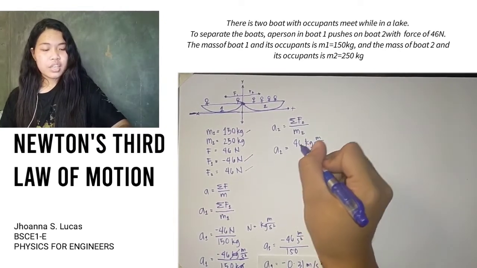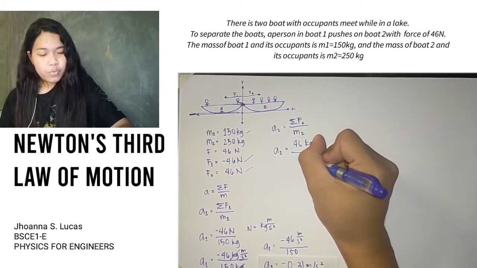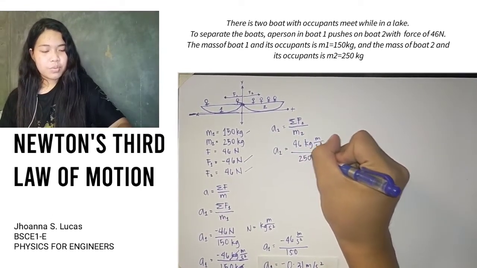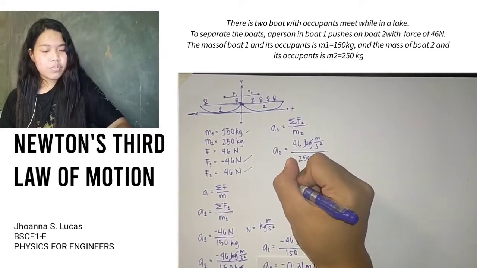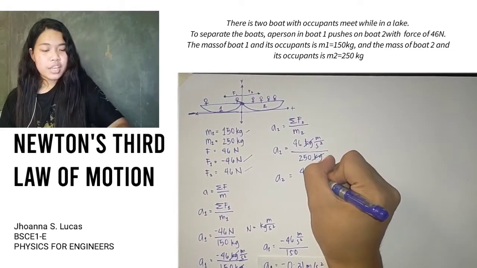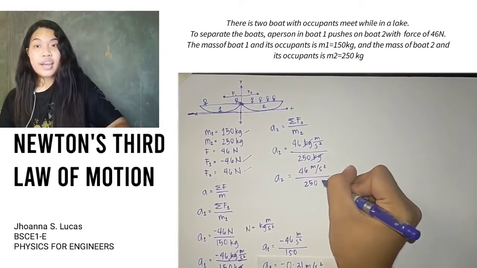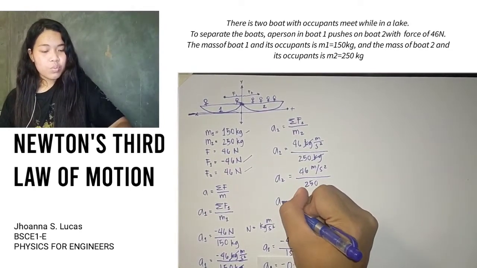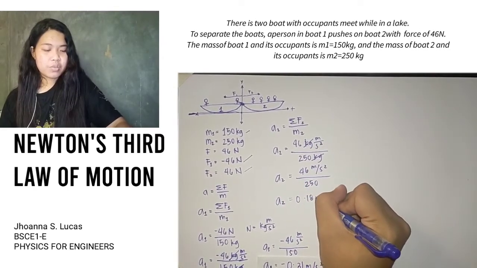So 46 kilogram times meter per second squared over 250 kilograms. So we will cancel the kilogram. So a sub 2 is equal to 46 meter per second squared divided by 250. So our a sub 2 is equal to 0.18 meter per second squared.